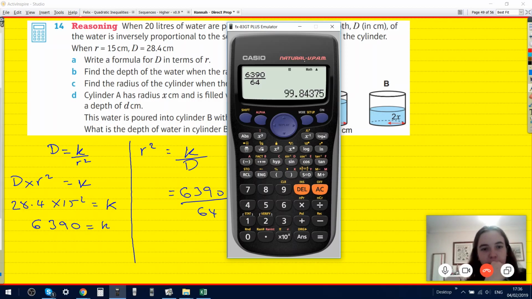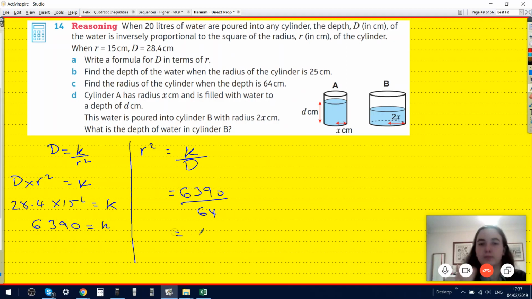And then square root that. Okay. 9.992. Okay.